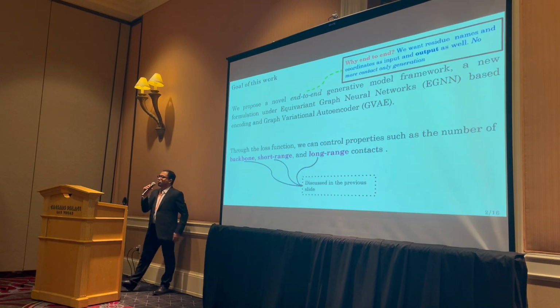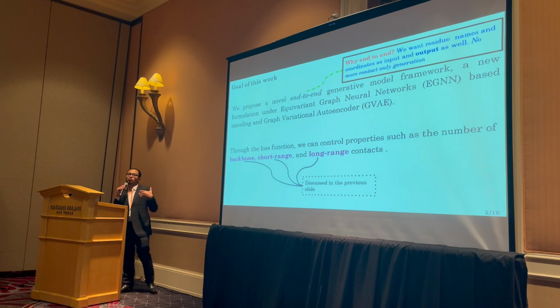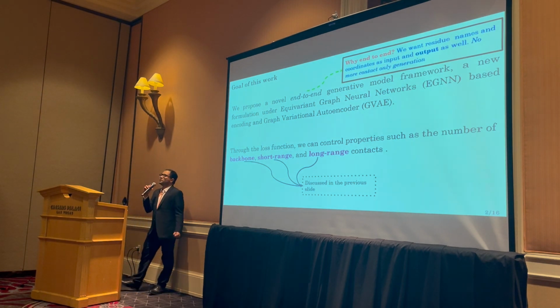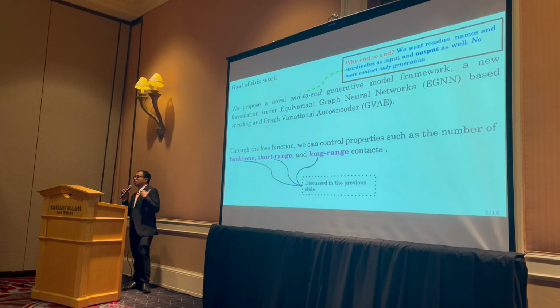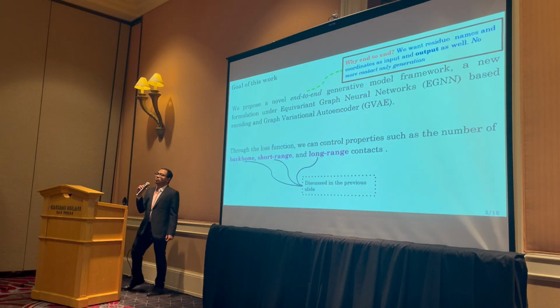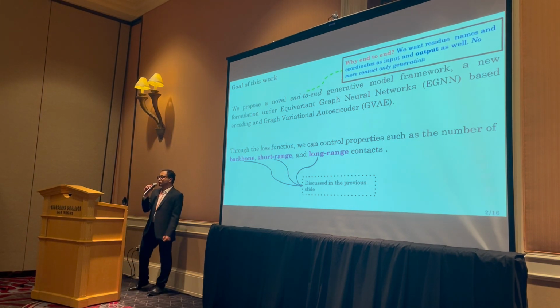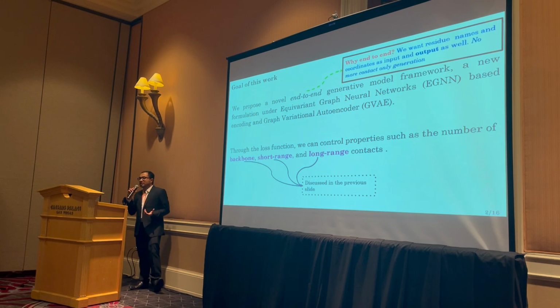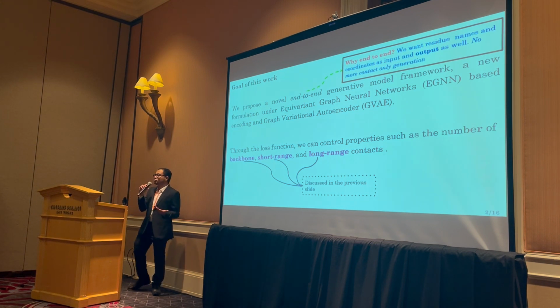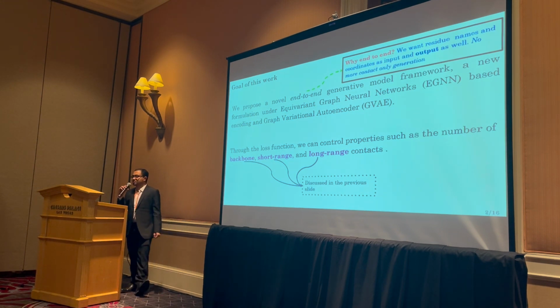Now moving on to the goal of this work, we have a twofold goal. The first one is that we are proposing a novel end-to-end generative model framework, a new formulation using equivariant graph neural network based encoding and a graph variational autoencoder. The first question that might arise is why do we need end-to-end models?